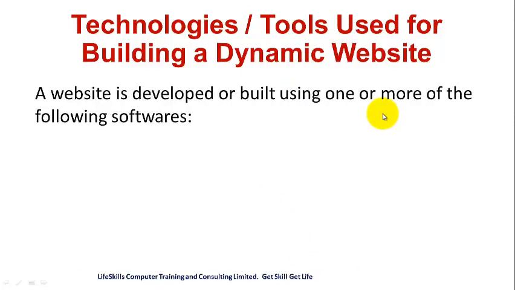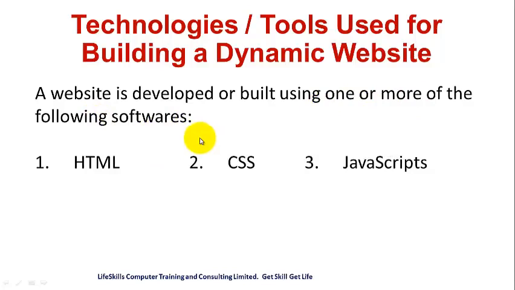Now, a website is developed or built using one or more of the following softwares. Now, we have HTML as number one, hypertext markup language. Then number two, we have CSS, which is called cascading style sheet. We have JavaScript.